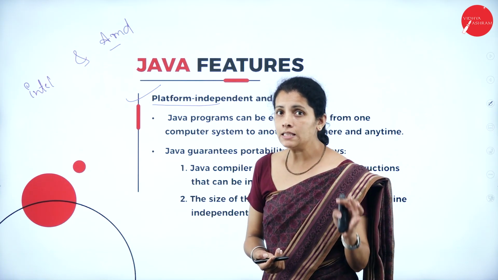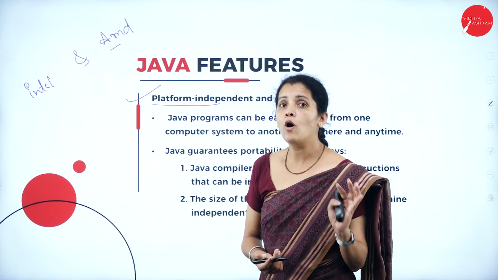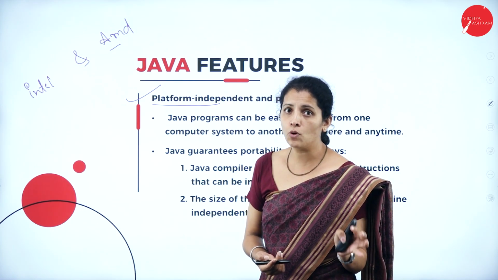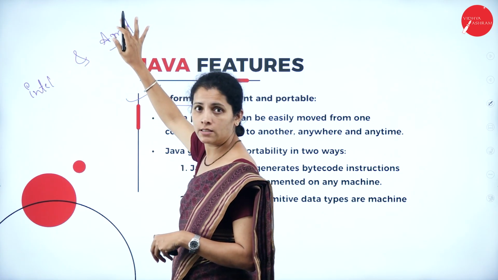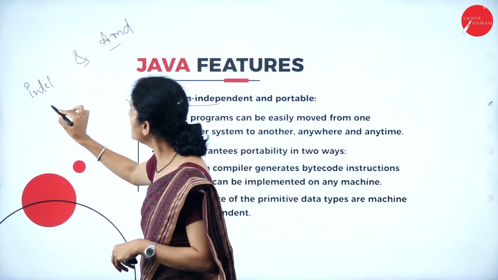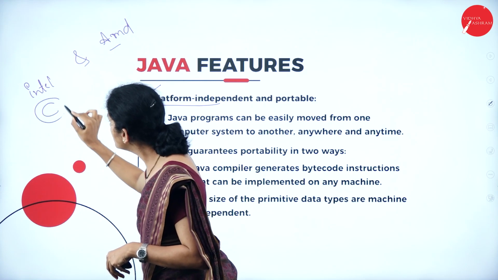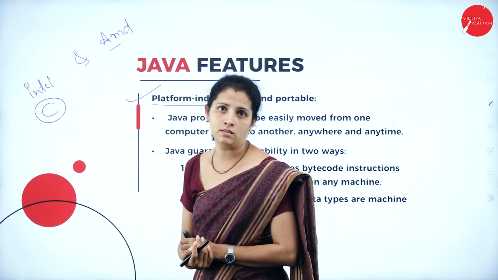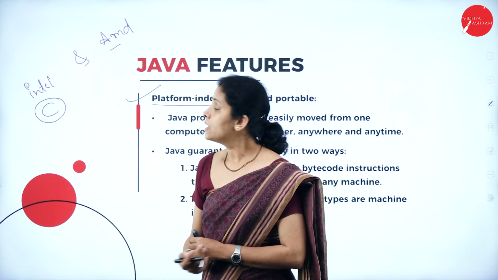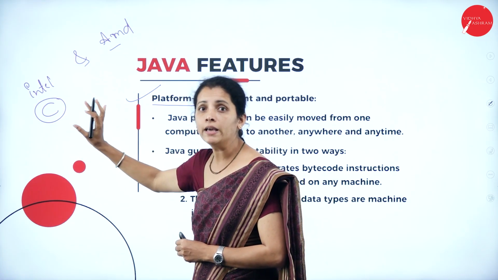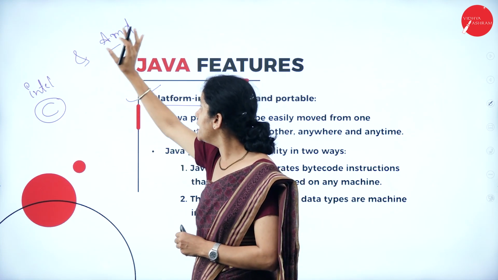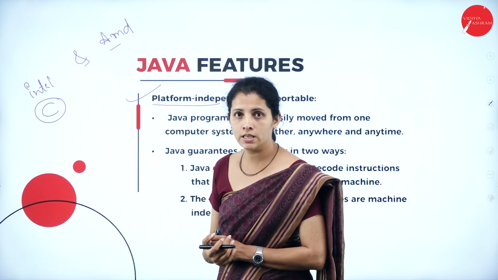Now, if I consider a C program or C++ program, I have two processors and I'm going to write a C program for the Intel processor. After compiling this program, I'm going to copy that program into the AMD processor.